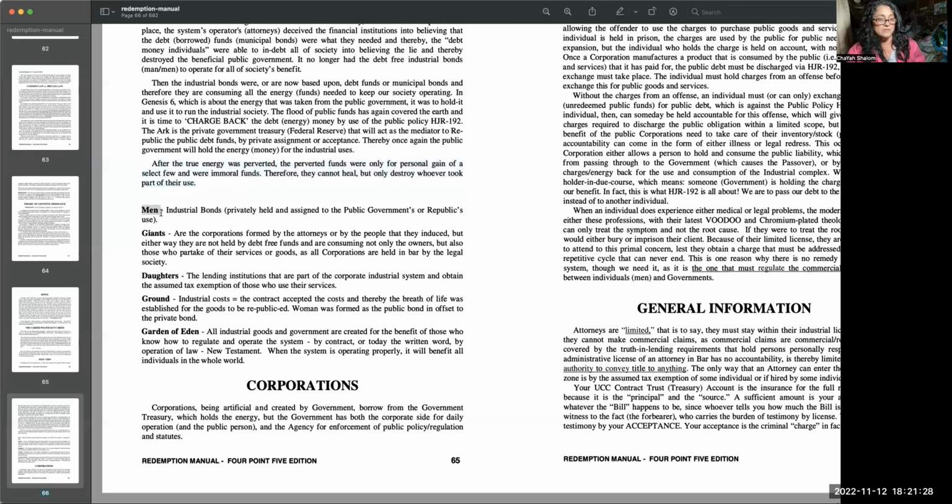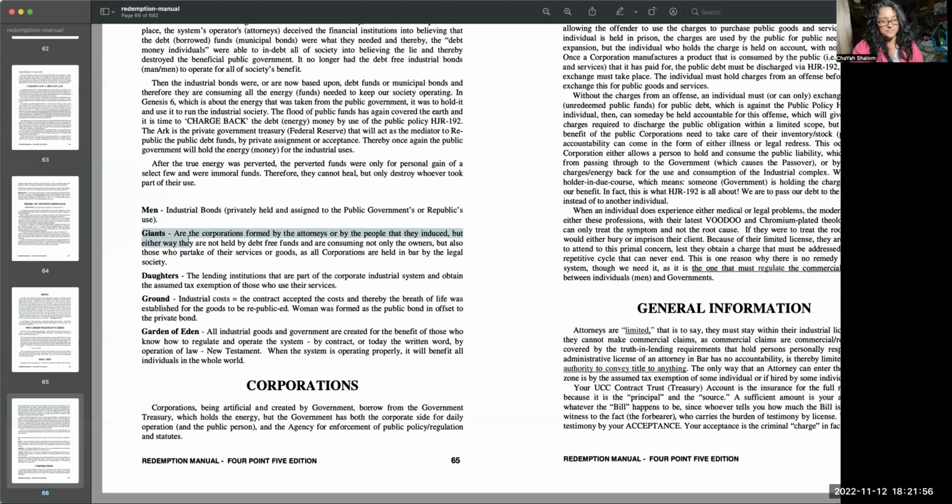Okay, so here's the word and the definitions. Men equals industrial bonds, privately held and assigned to the public government's or republic's use. Then there's giants. Oh, they're really stretching this, boy. Are the corporations formed by the attorneys or by the people that they induced?